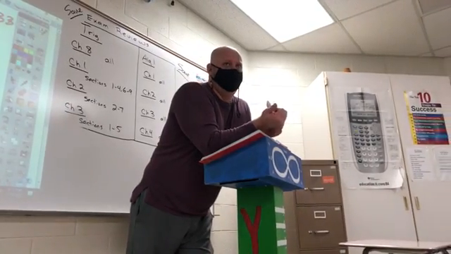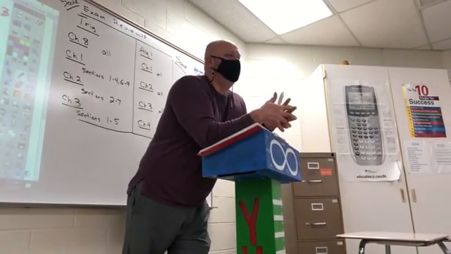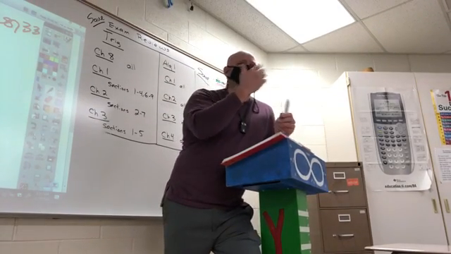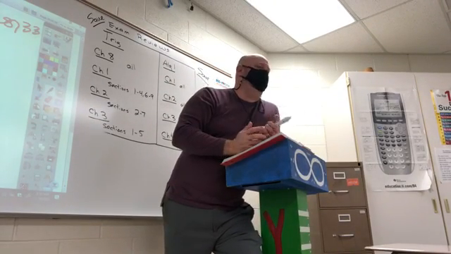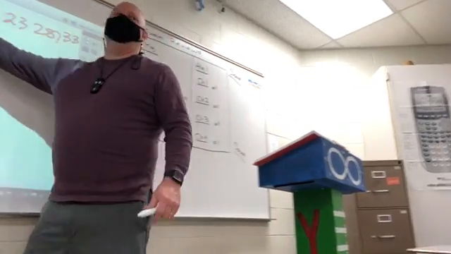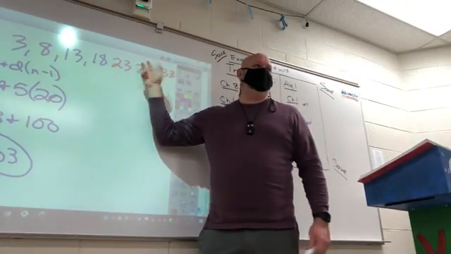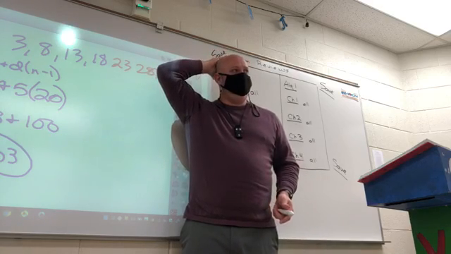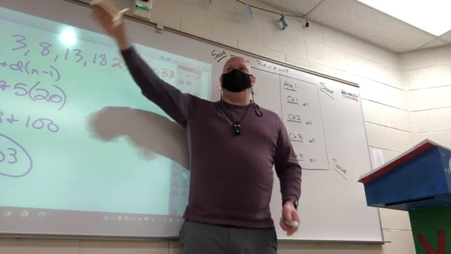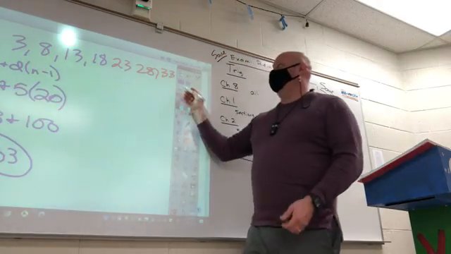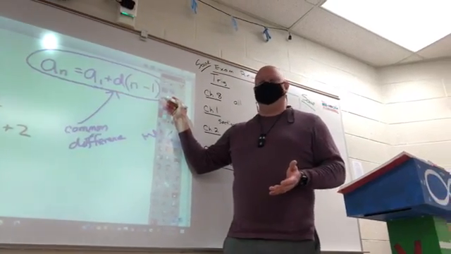It's going to take a while, right? Especially if you're trying to find the 7th term, which method would probably be the easiest way? Using the formula or just writing them out? Probably just writing them out. When's the formula really going to be useful? When you're trying to find the 21st term or the 250th term, right?